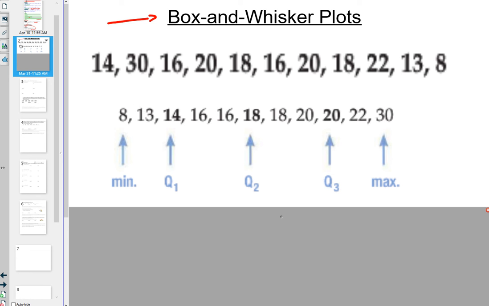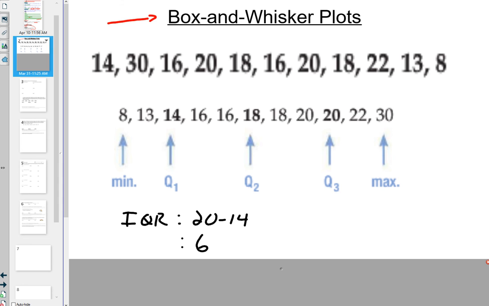So the way you do that is you would first calculate your interquartile range. How did I tell you to calculate interquartile range? Anytime you see range, you subtract. What do you subtract for interquartile range? The upper and the lower quartiles, which is 20 minus 14, which is 6.